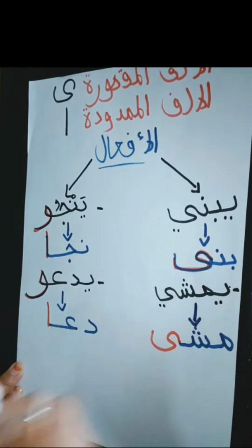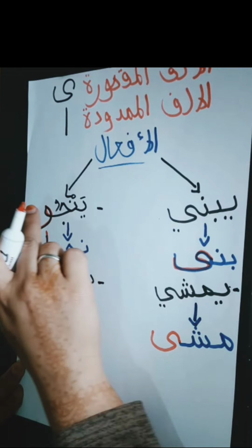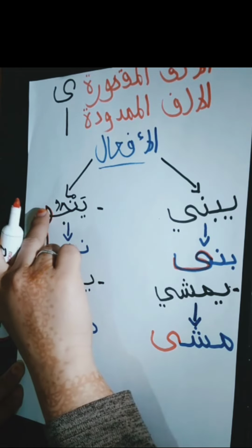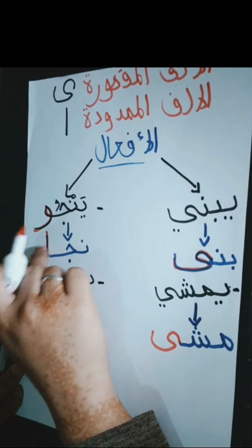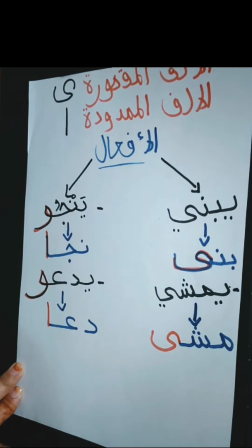If it ends with الواو, then we write الألف الممدودة. It's very simple. I will write it on the paper. If it ends with الياء, we write الألف المقصورة. If it ends with الواو, we write it with الألف الممدودة.